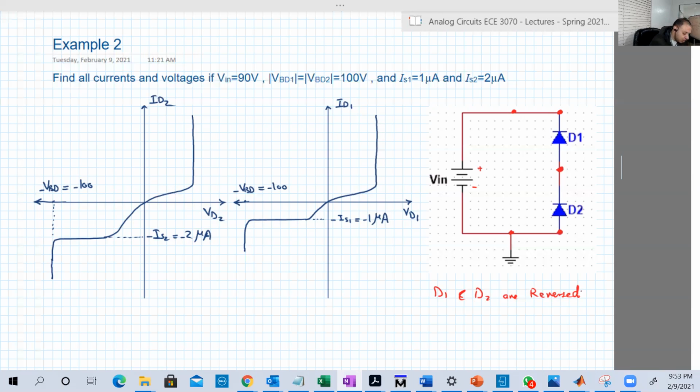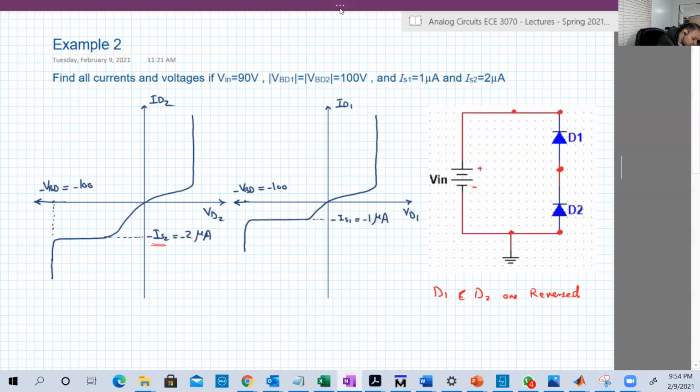So roughly, we expect the characteristic of diode 2 to be similar to this one, with double the reverse saturation current, 2 microamperes. But both break down at the same voltage, minus 100. Now, how do we solve this problem?